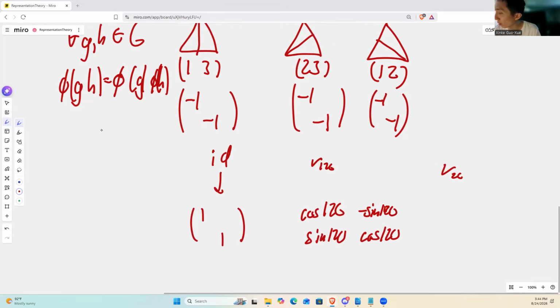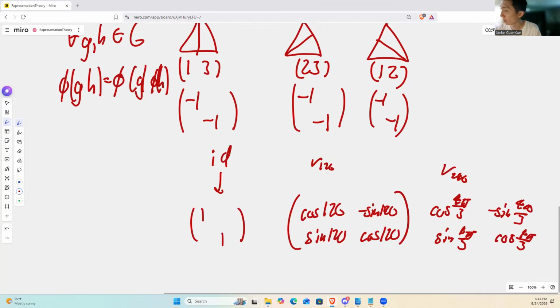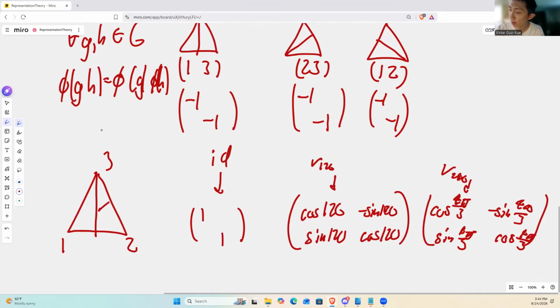Maybe we will use, so we can use pi, so cosine, where pi is. So, and then let's label the vertices like 1, 2, 3. So this is R120.